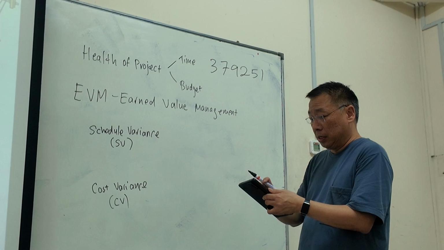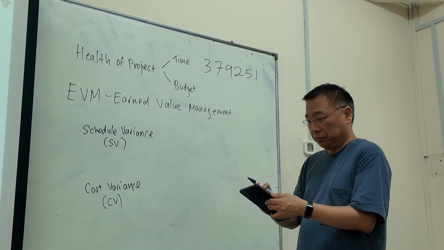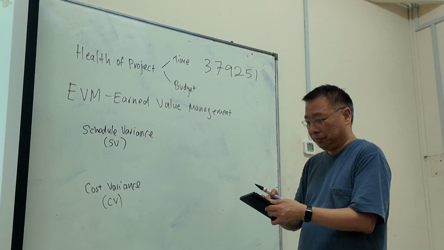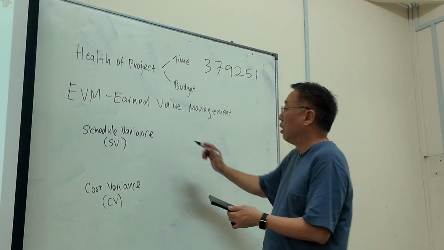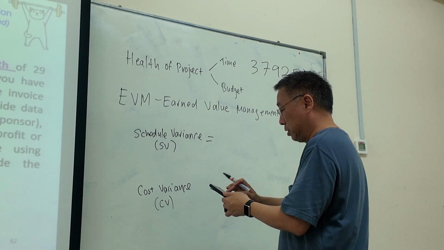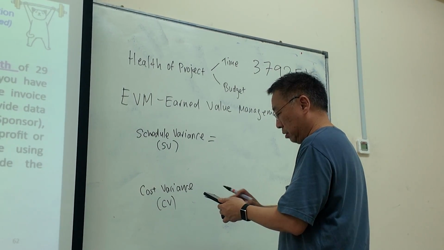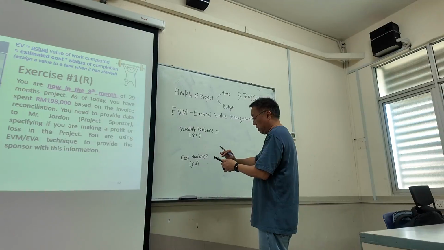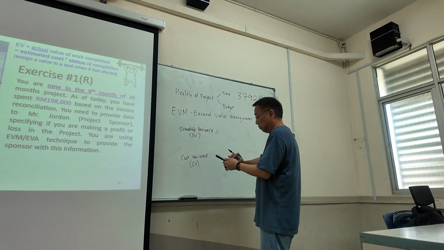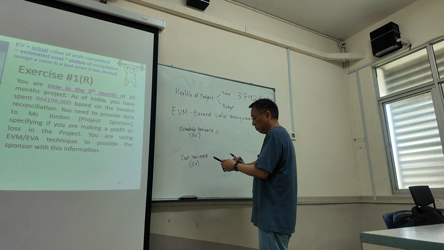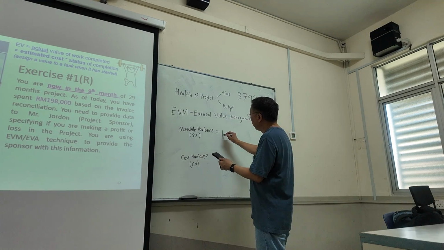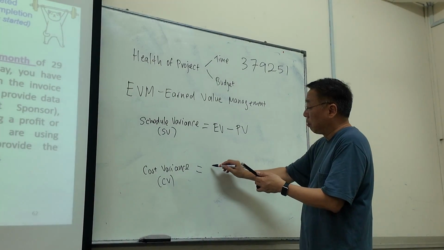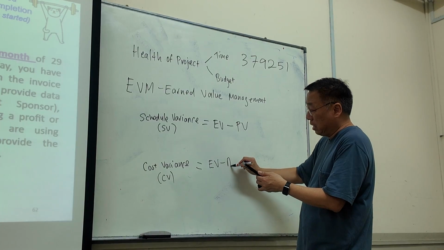Okay, let me give you the formula. It should be in your notes, but let me pull up my notes, make sure I got the numbers correct. So schedule variance, the formula is EV minus PV. And cost variance, the formula is EV minus AC.